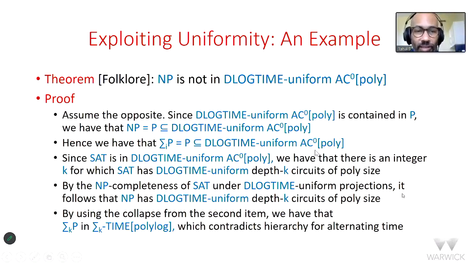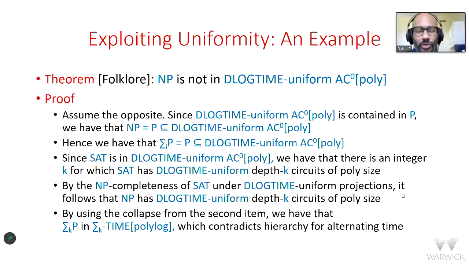And then we use the fact that SAT is NP-complete. So by assumption, SAT is in uniform AC0. So it has uniform depth k circuits of polynomial size for some fixed integer k. We don't know which k, but there's some such k. And since SAT is actually complete under a very strong notion of reduction, under DLOGTIME-uniform projections, it follows that all of NP has uniform circuits of polynomial size for this depth k.